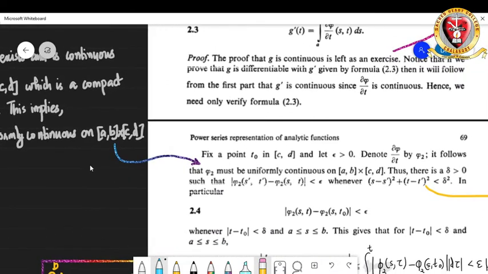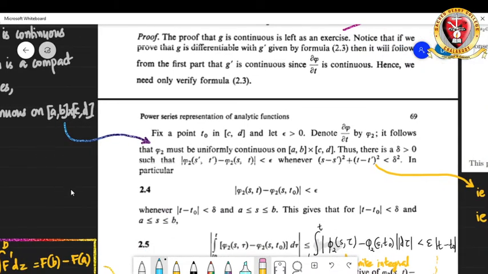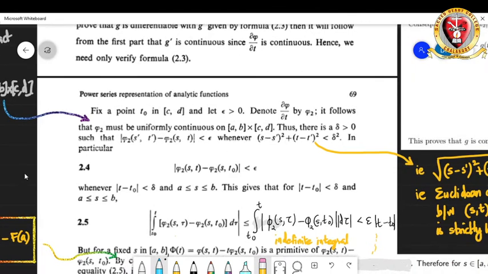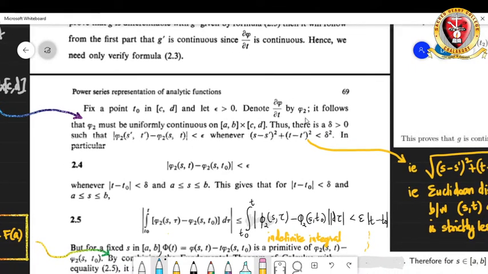It follows from the fact that continuous functions on a compact set will be uniformly continuous. So you got phi 2, which is dou phi by dou t, is uniformly continuous, right?